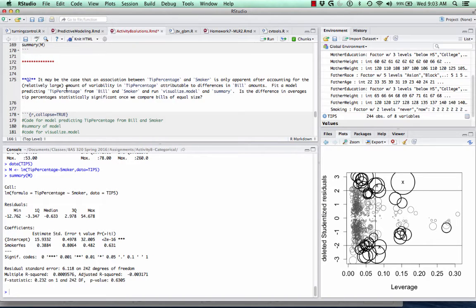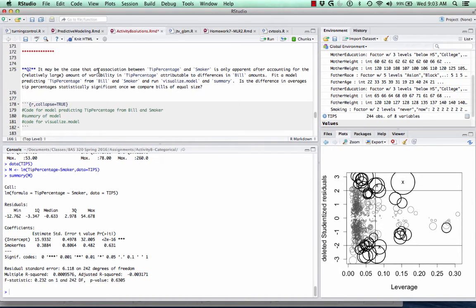All right, however, we've learned that sometimes the association between variables can be buried or essentially covered up by much stronger associations, kind of like you can't see the light from stars in the daytime because the light from the sun is so overpowering that it washes it out. So it may be the case that the association between tip percentage and what type of table you were seated at is only apparent after we account for other lurking variables here.